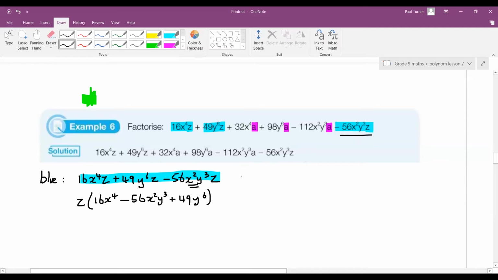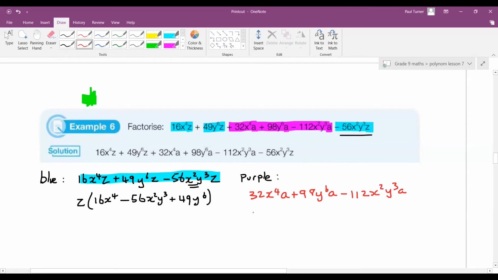So let's do the purple or the pink. So that's this one here. So let's do this part here next. I'll use a red pen. So now we've got 32x4a plus 98y6a minus 112x squared y3a, like that.